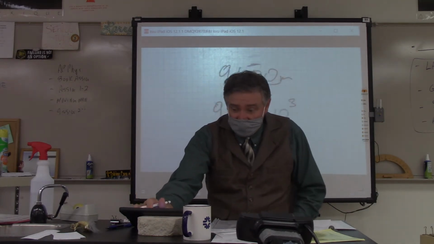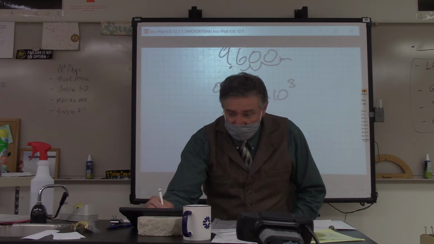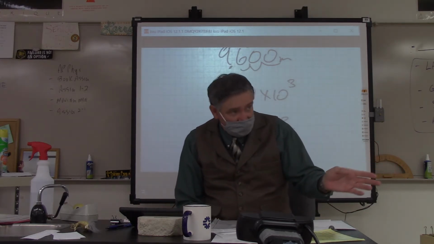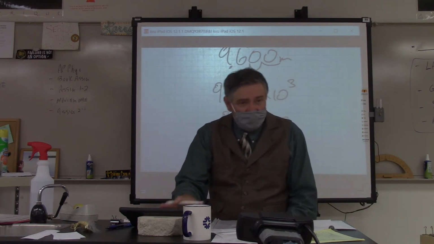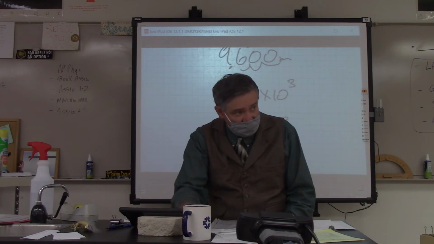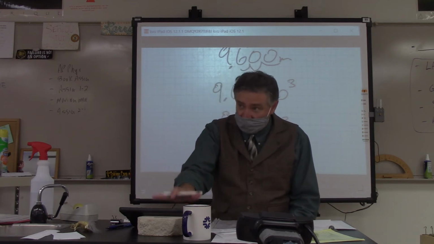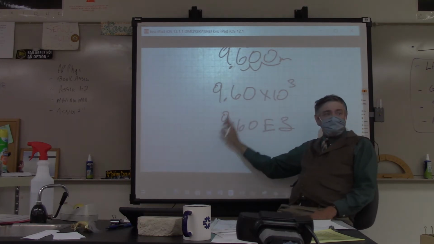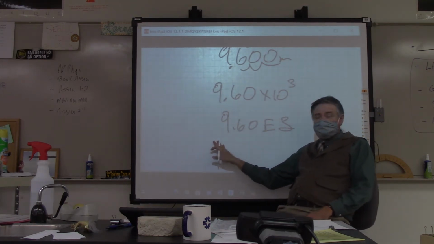Some people like to use E, so you can have 9.60 E to the third. Okay, if you like doing it that way, that's cool. Okay? But here's the beauty of scientific notation, is that you only show the values that are significant. Okay? That's the beauty of scientific notation. Now, you're going to be doing a bunch of calculations in scientific notation.